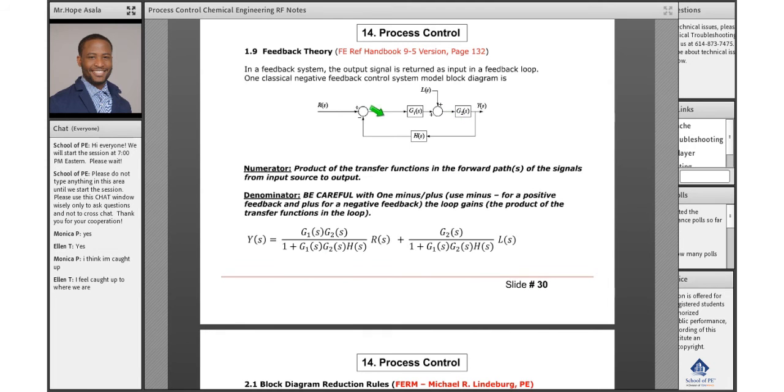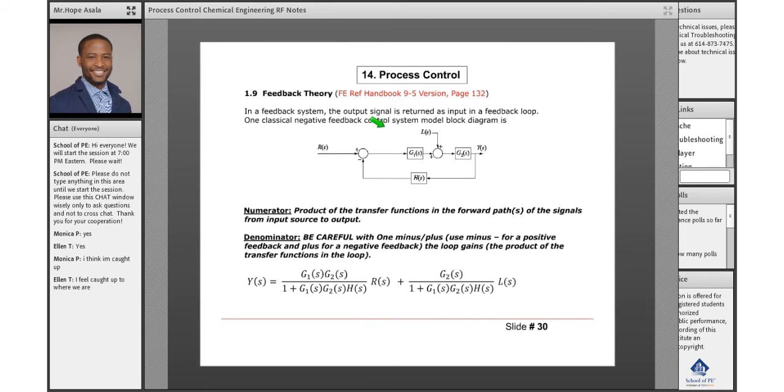So you consider the fact that this whole loop you see over here has to do with an input and it's coming to an output, right? So basically G1(s), G2(s), and then H(s) is what you're going to consider with the input to form the output function. But then you're still going to come in there and say, okay, we have another disturbance, but that disturbance has nothing to do with G1 per se, right?